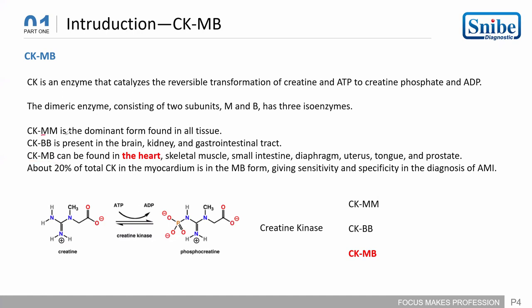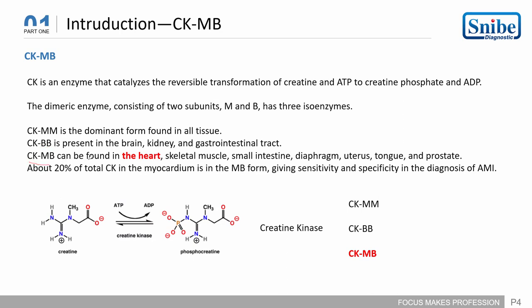CKMM is the dominant form found in all tissue, and it is raised in conditions like muscular dystrophy. CKBB is present in the brain, kidney, and gastrointestinal tract, and any damage in that area may increase the CKBB value.